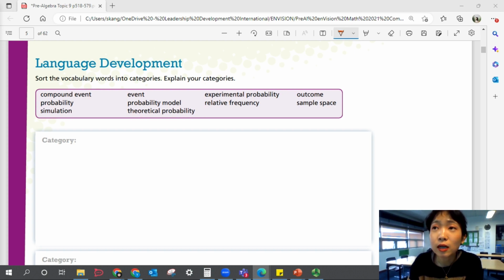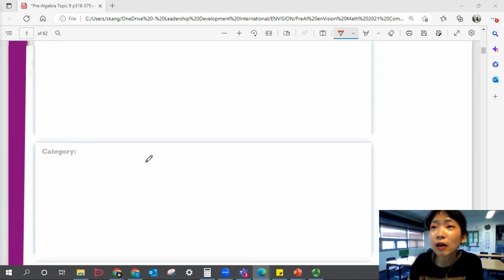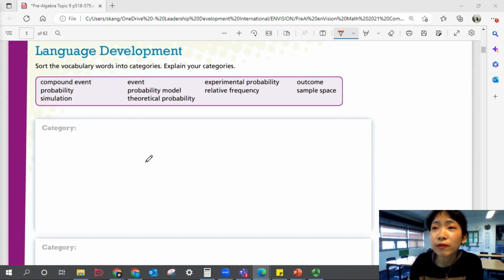So let's look at compound event, probability, simulation, event, probability model, theoretical probability, experimental probability, relative frequency, outcome, sample space. Okay, what kind of categories do we have here, right? We want to figure out if some words fit in the same category. What are some categories, like bigger ideas that you see in those vocab words?